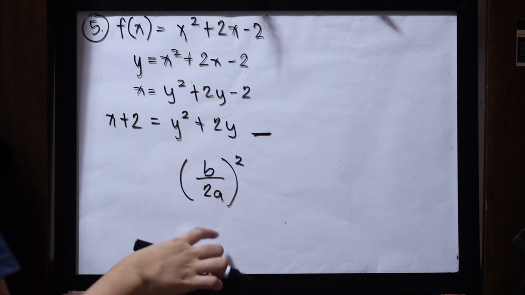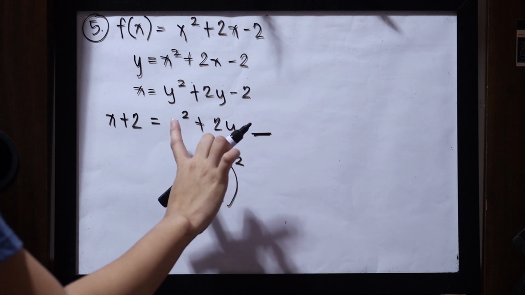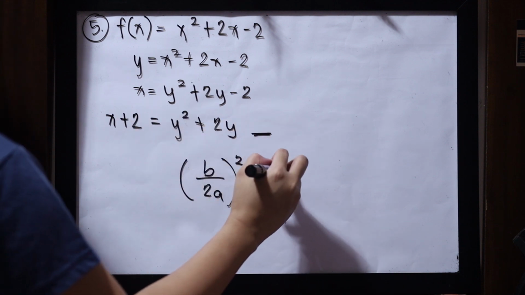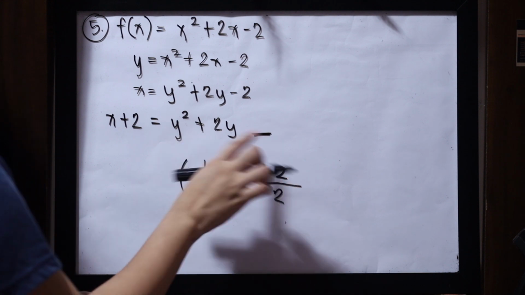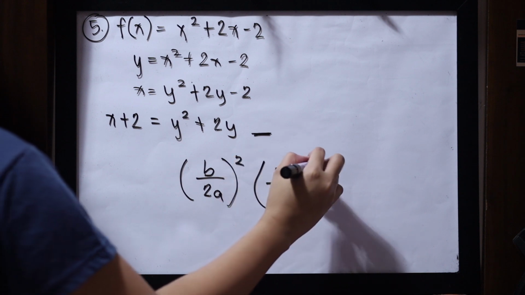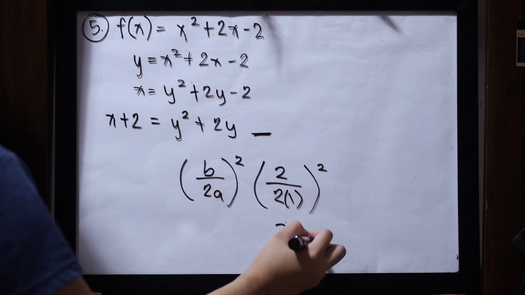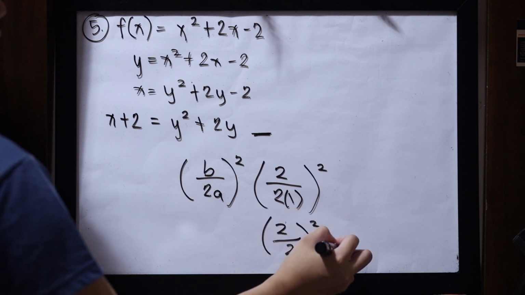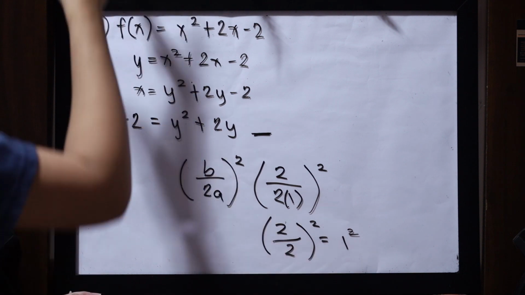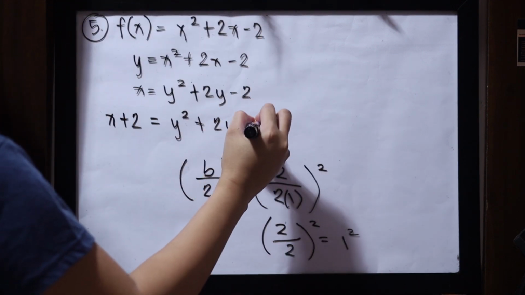So, b all over 2a squared ay from this given expression, ang b mo ay positive 2 all over 2. Ang a natin dito is 1. Tapos, squared. So, doing this, we'll have 2 all over 2 ay squared, ito ay 1 squared. So, 1 squared is 1. So, ngayon, yung third term natin dito ay magiging positive 1.